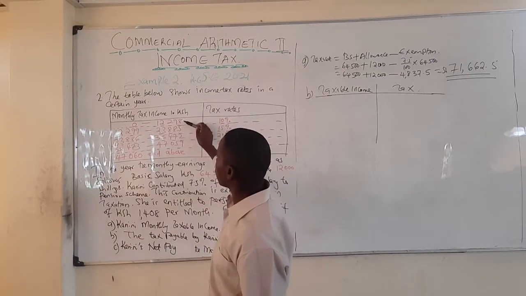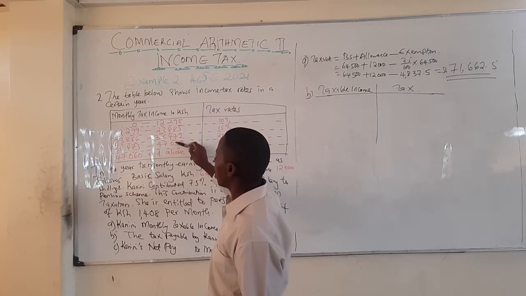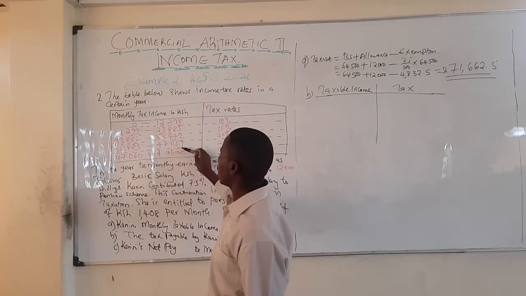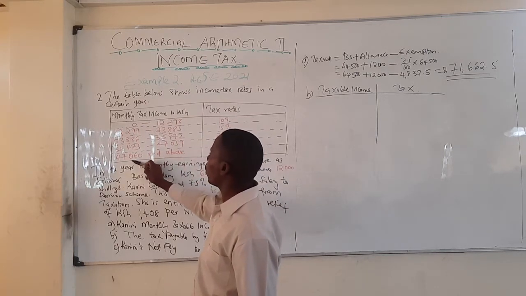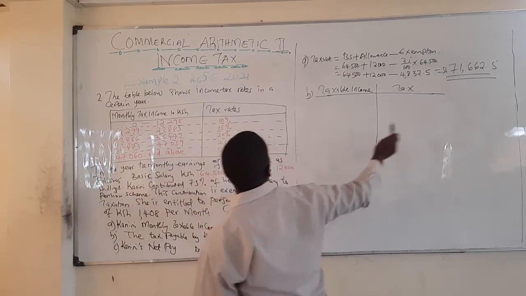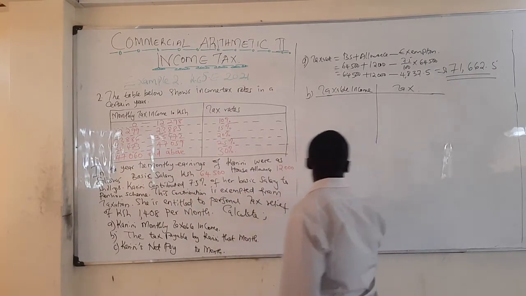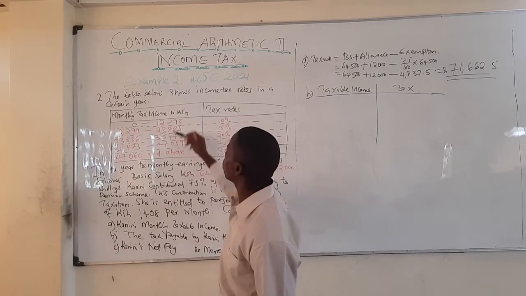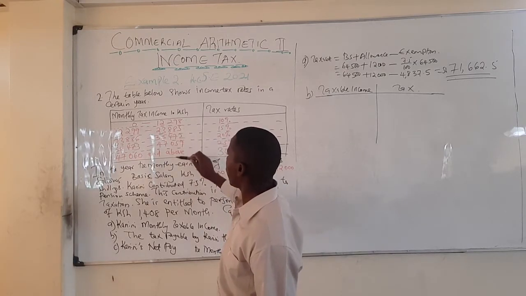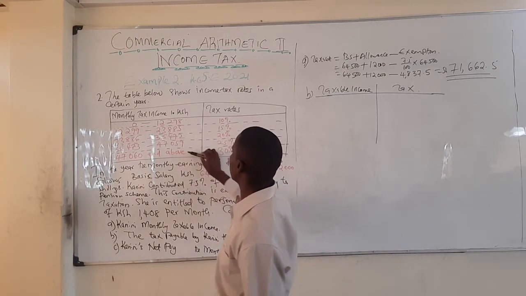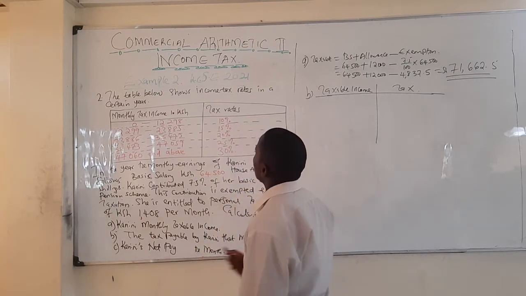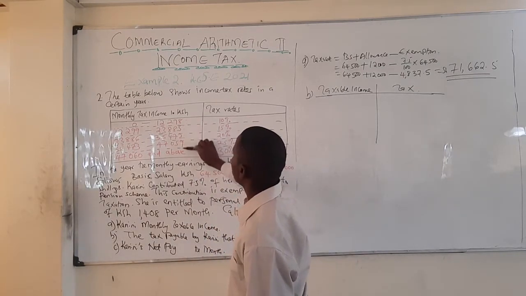The first bracket is up to 12,000, then up to over 47,000, and our taxable income is 71,000, meaning you're going to go through all the five brackets to reach that point. So we are going to tax every bracket in this case.